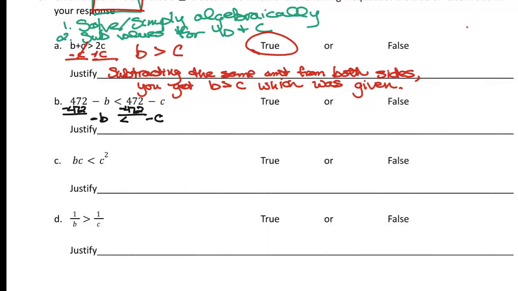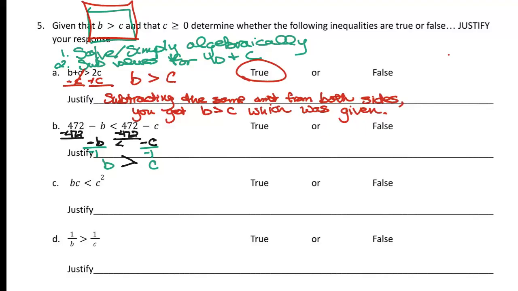I could multiply by -1 or I could divide by -1, right? And either way, if I divide by -1, we get B, and over here we get C, but what happens to, yeah, you got to flip the sign. When you multiply or divide by that -1, you flip the sign and you get B is greater than C. That's what we were given, right? So is that true or false?